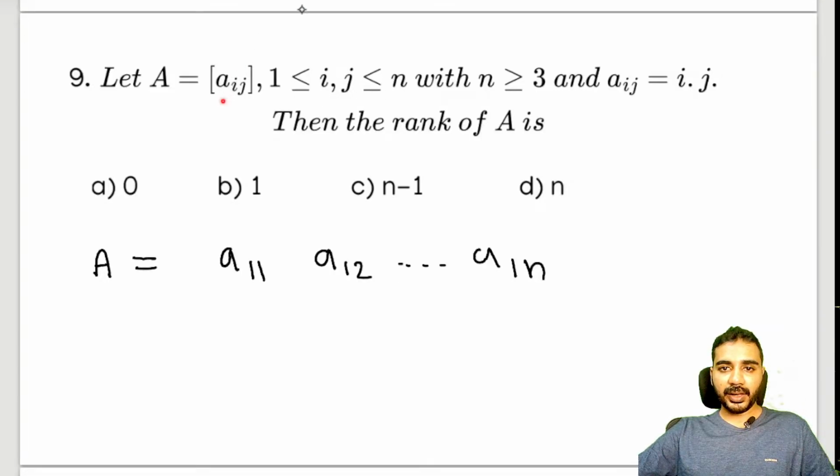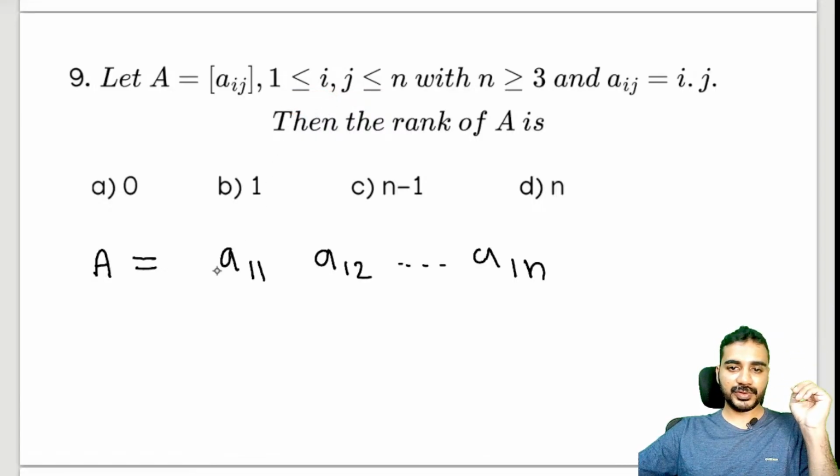In Aij, i represents the number of rows and j represents the column. Since j is less than or equal to n, the maximum number of columns here is 1, 2 up to n columns. We have given i is greater than or equal to 1, that is the number of rows is greater than or equal to 1.